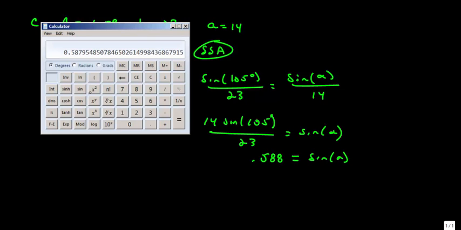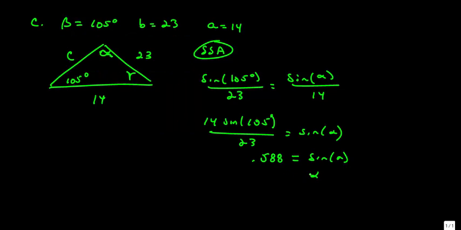So now we'll take the arc sine of that value, and we're getting 36 degrees roughly. So this is saying that this is about 36 degrees.